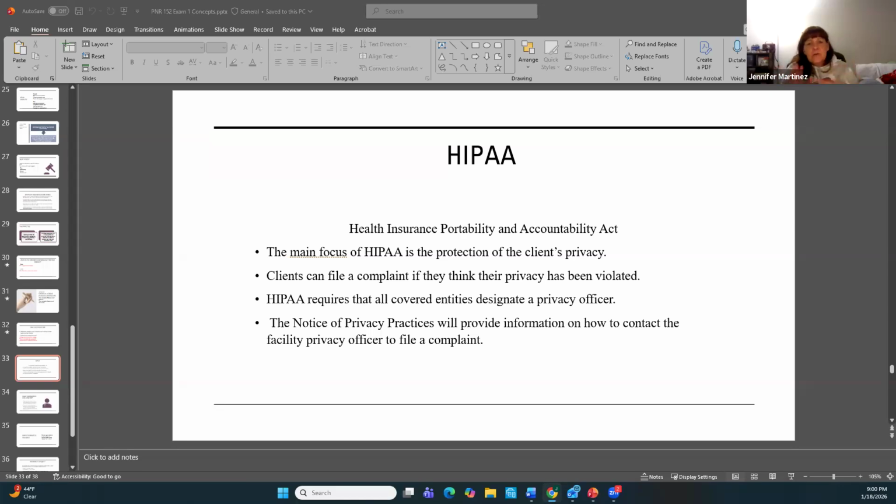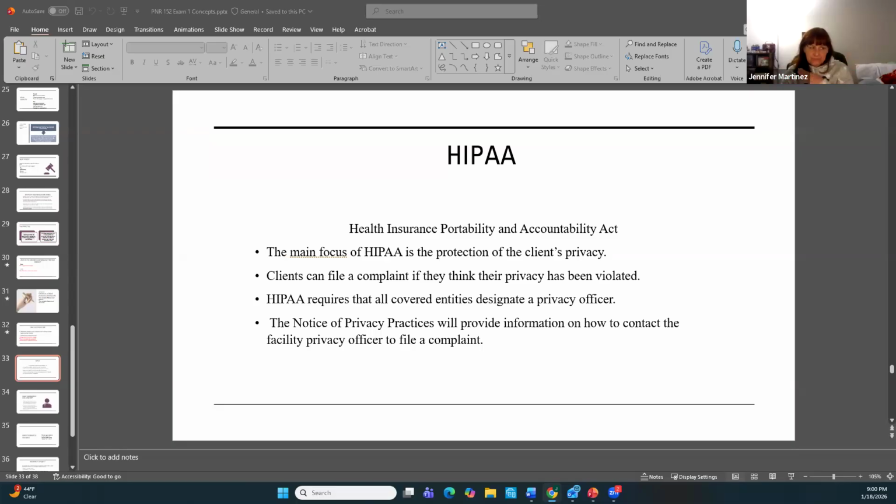You go to the emergency room, whatever happens, you're going to sign this. And in that notice of privacy practices, it's going to give information on how they can contact the privacy officer if they feel that their privacy has been violated in order to file a complaint.